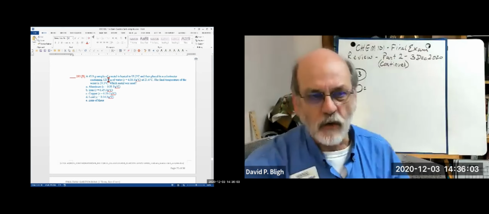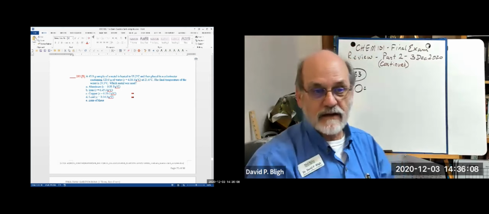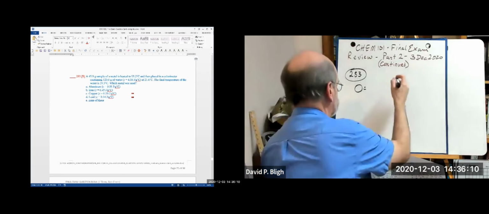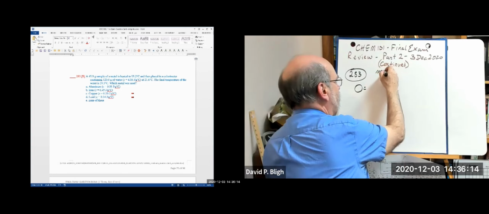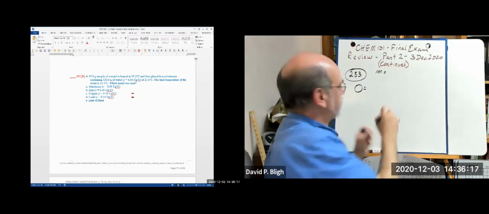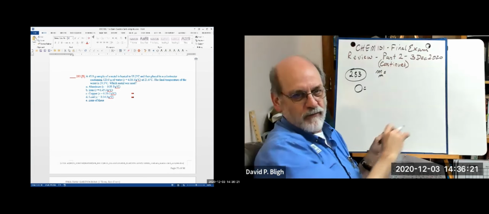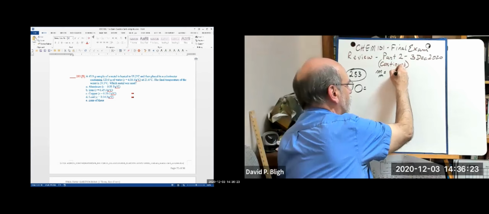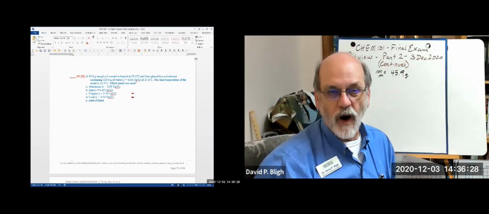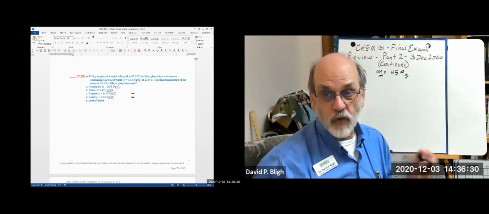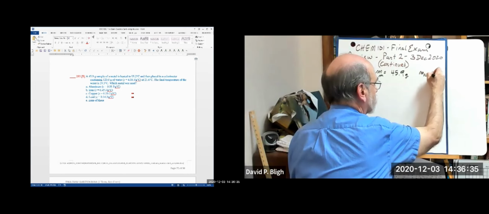So let's see what we're told. 45.9 grams of the metal is heated. So the mass of the metal is 45.9 grams. All right. We're going to put it in water that has 120 grams. So the mass of the water is 120 grams.